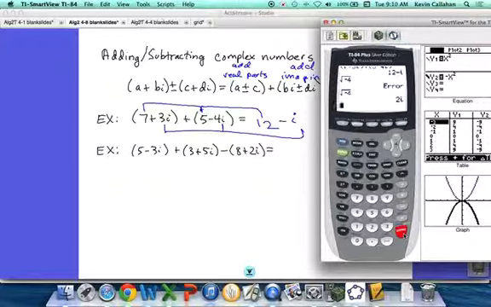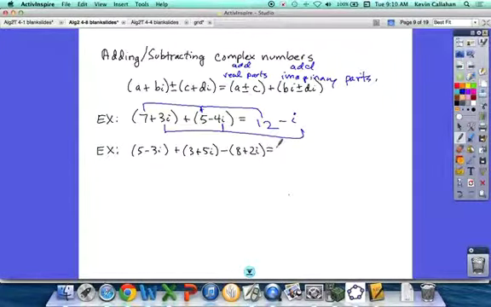But if you're just doing operations with complex numbers like this, it really doesn't matter. It kind of treats the i like a variable at that point anyway. Try to do this one here, 5 minus 3i plus 3 plus 5i minus 8 plus 2i. Do that in the calculator and just see what you get.